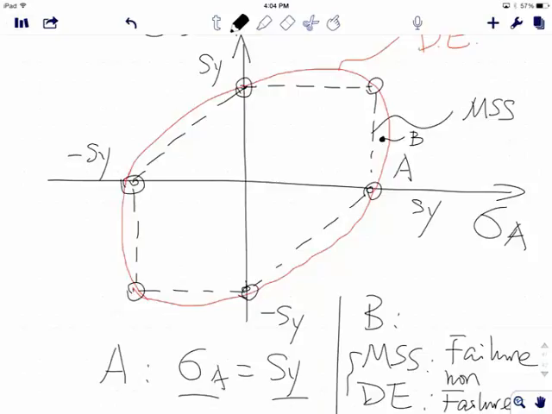If you use maximum shear stress at this point, it tells you failure is going to happen. But if you use distortion energy, it's going to tell you you're still fine, right? In reality, of course, we have a design safety factor to take safety into consideration. But if you use maximum shear stress, it's going to be more conservative. So you have to make sure your stress is inside this envelope, then failure is not happening.